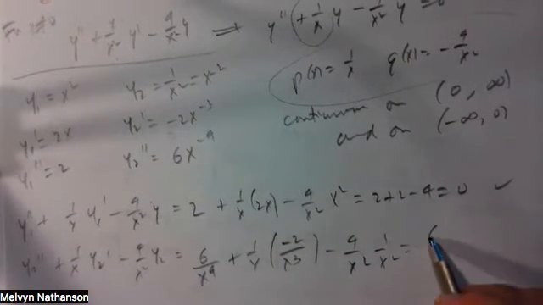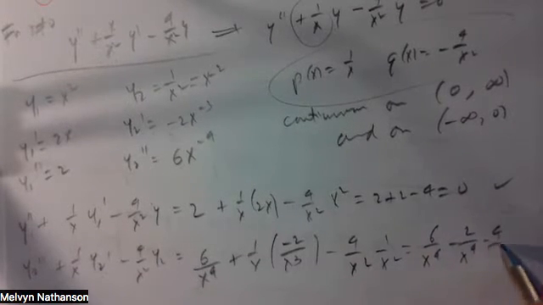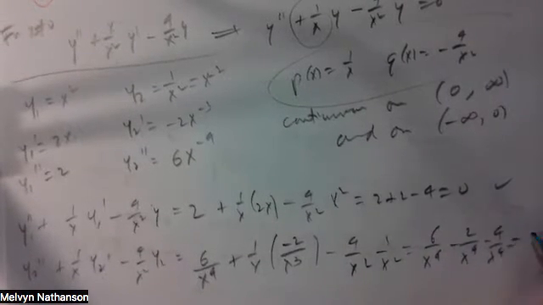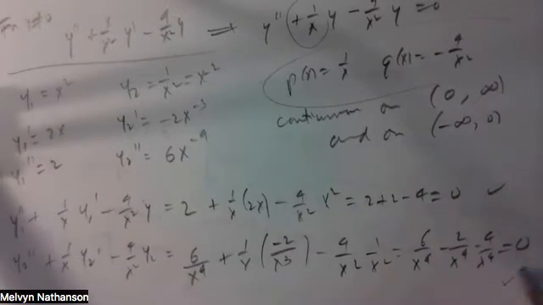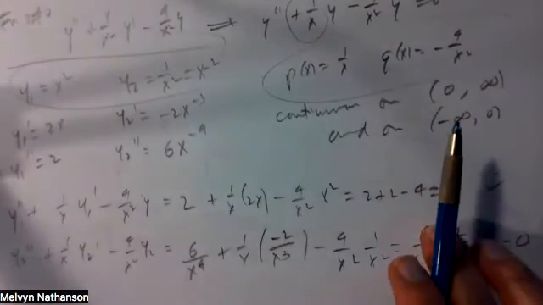So we get 6 over x to the 4th minus 2 over x to the 4th minus 4 over x to the 4th, which is 0. So that checks. So each of these functions is a solution of the differential equation.